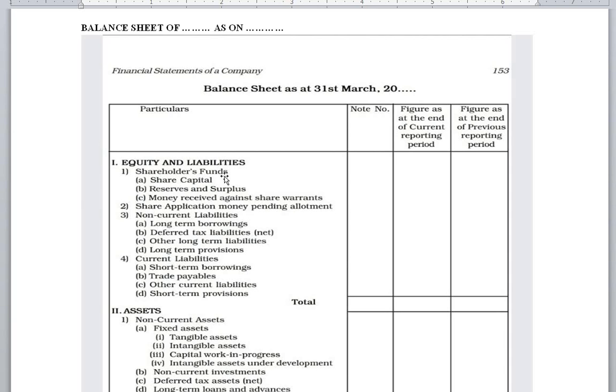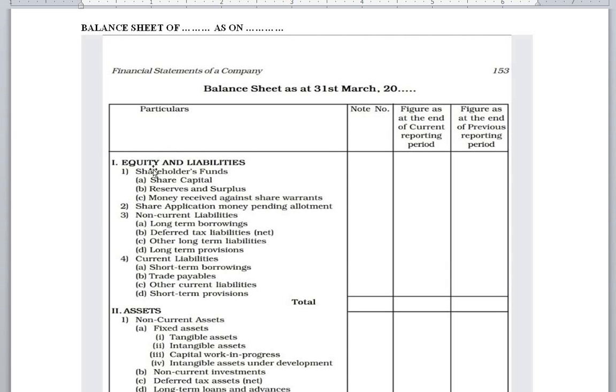So we will see each and every item coming under shareholders' fund. Shareholders' fund is again divided into three main divisions: share capital, reserves and surplus, and money received against share warrants. This shareholders' fund is a very important item which will come under equity, whereas non-current liabilities and current liabilities will always come under liabilities.